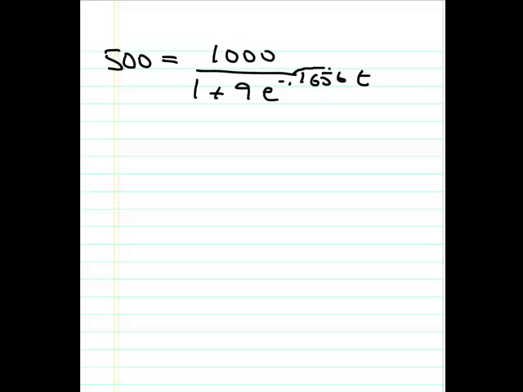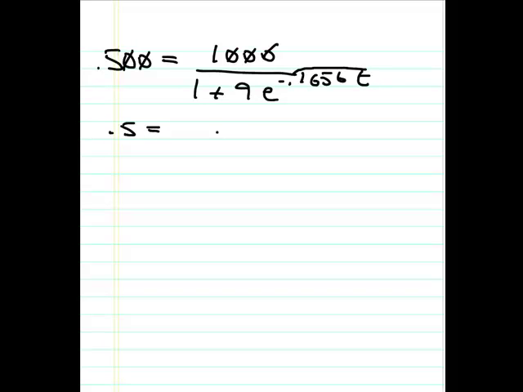Our task here is to solve for t. So let's divide both sides by 1,000, and we'll get 0.5.